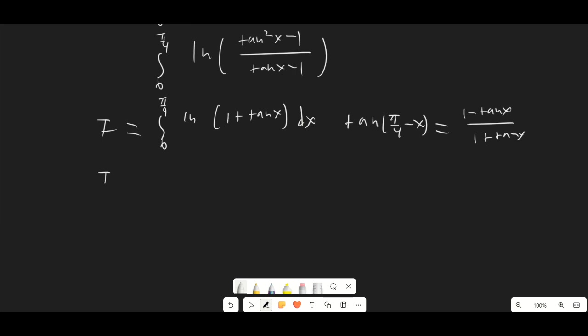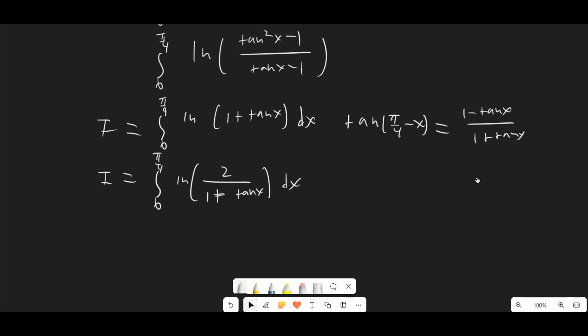So I is also equal to the integral from 0 to pi over 4 of ln of 2 over 1 plus tangent x. Oh, I just messed that up. Here, I'll fix that. 1 plus tangent x dx.